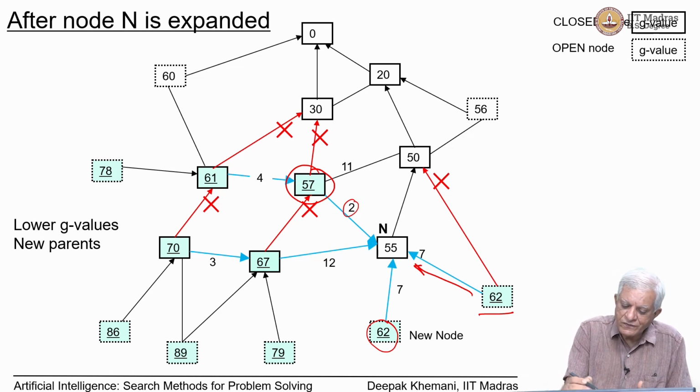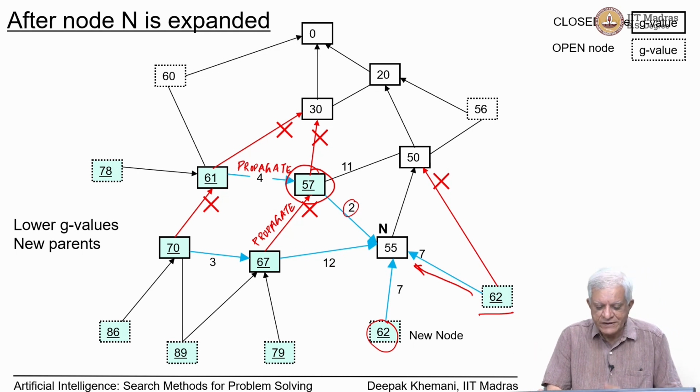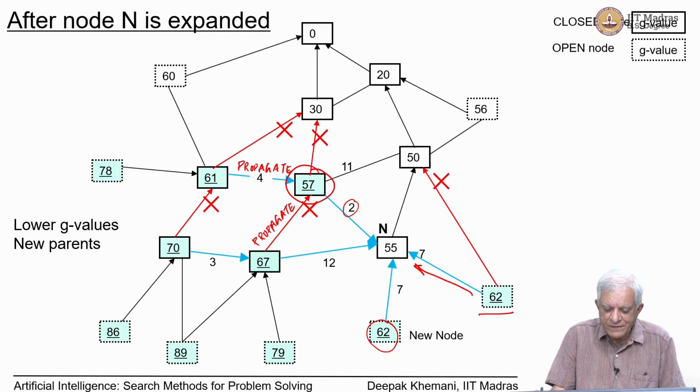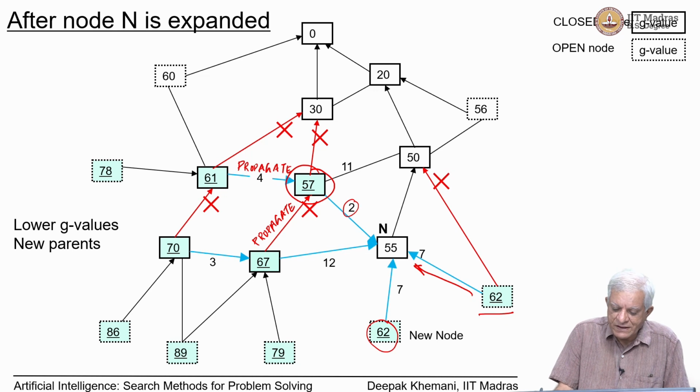So, we revise the parent pointer for that and then we propagate. This is the propagation part. This one and this one. From 60 we came down to 57.